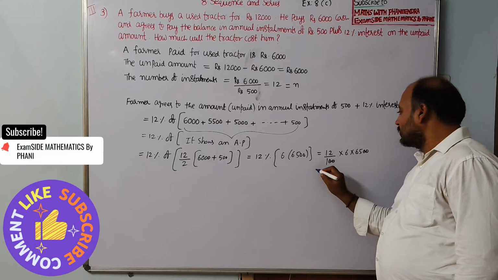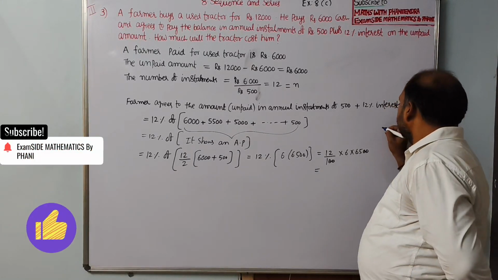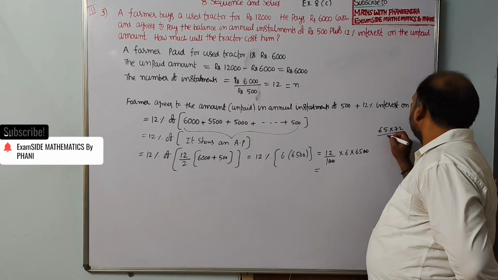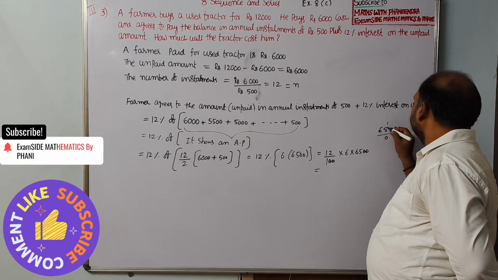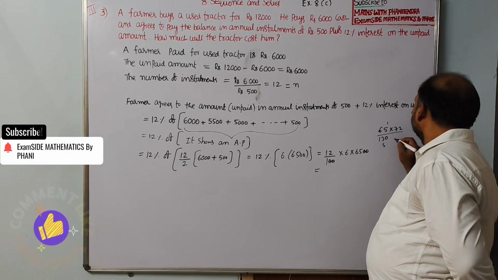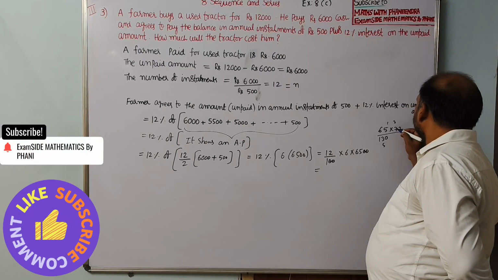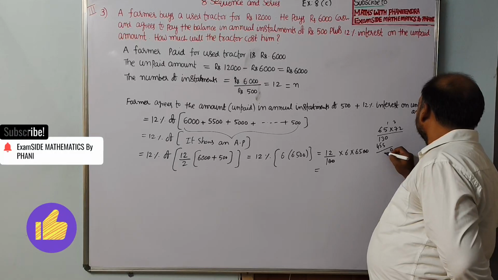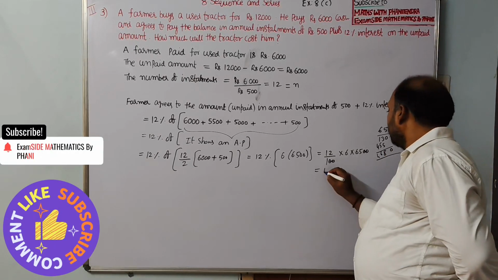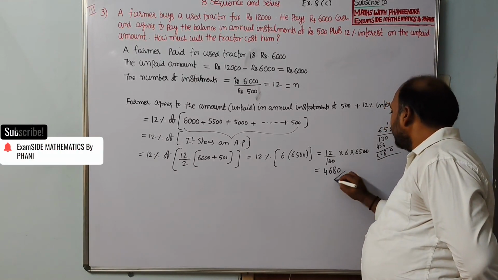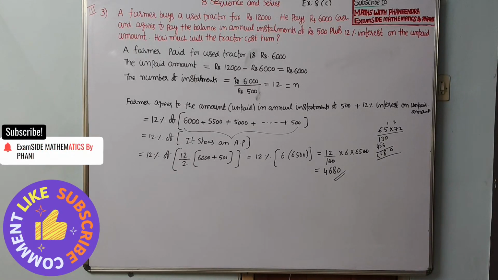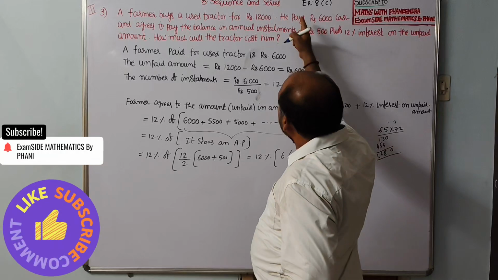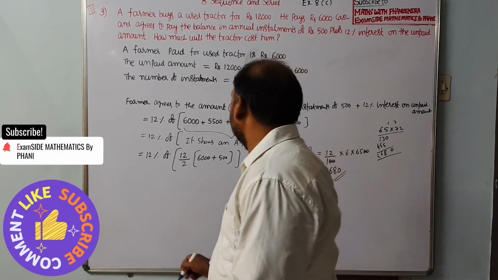Here 2 zeros, here 2 zeros get cancelled. Next, 65 into 72. So 4,680 rupees, dear students. So this we can add to this amount also, the total 12,000.